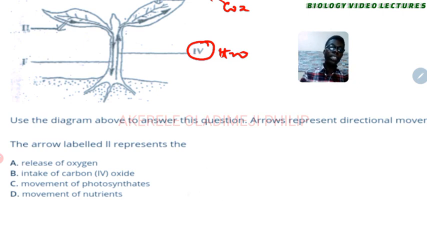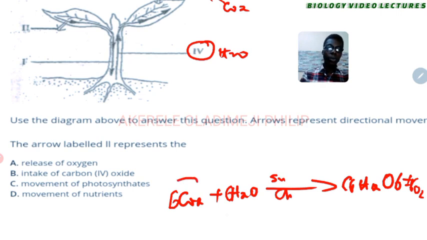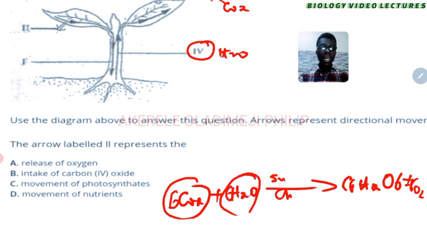Photosynthesis is CO2 plus H2O to give us C6H12O6 plus O2, which is oxygen. Of course, you know it's going to be sunlight and chlorophyll here. So 6, 6, then 6, that's just for balancing that out. We got this from the atmosphere, we got this from the soil. And at the end of the day, oxygen is released as a waste product, which is 2. So the arrow 2 represents release of oxygen, going out as a waste product there.